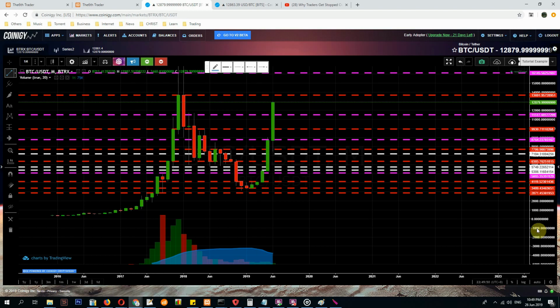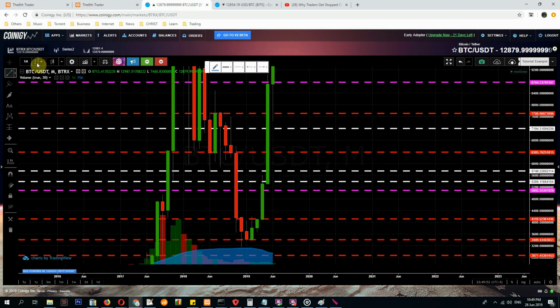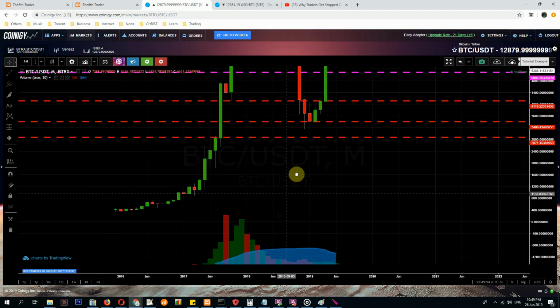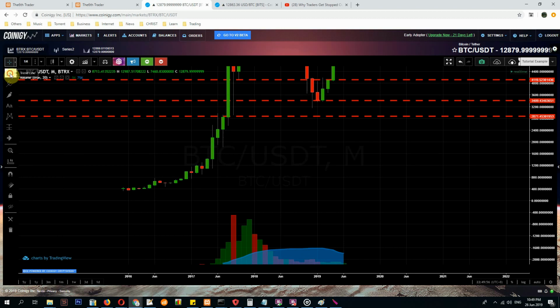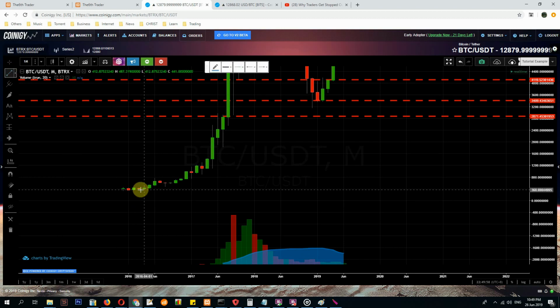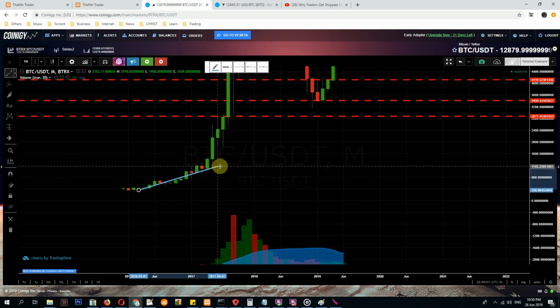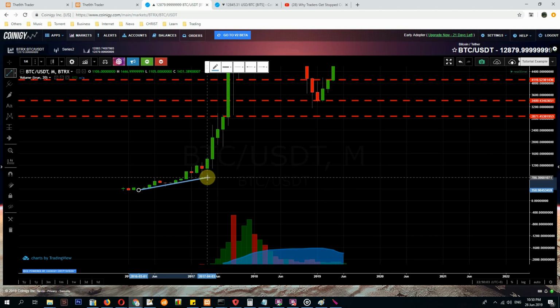Notice here, this becomes a support, a trend line support.